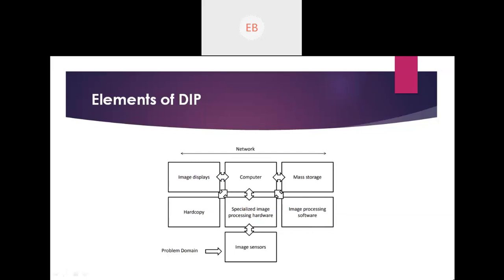Guys, am I audible? Yes, ma'am, you are audible. Okay. So tell me, what is a problem domain? Do you remember the fundamental steps in image processing? We had one knowledge base, remember? So problem domain is a part of the knowledge base, okay?